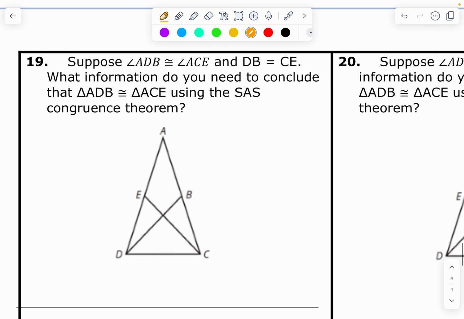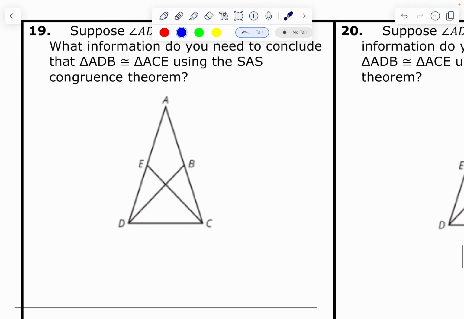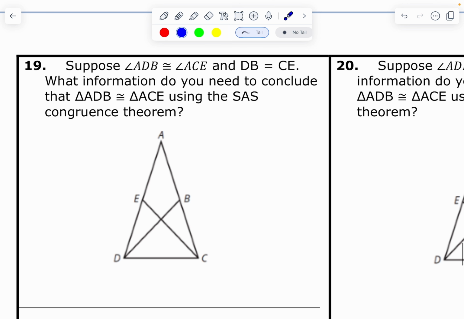Number 19, suppose triangle ADB is congruent to triangle ACE and that DB is congruent to CE. What information do we need to conclude that the two triangles are congruent by SAS?